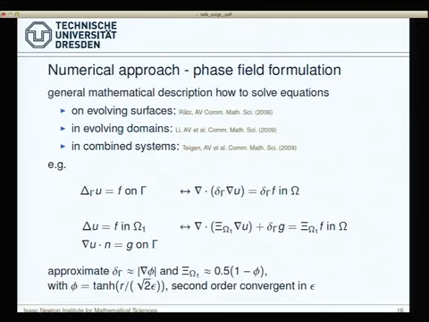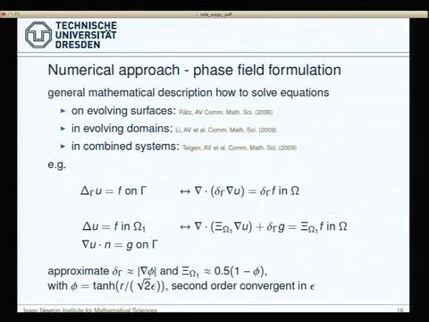Okay. So how to solve this numerically then? We have equations on evolving surfaces in the bulk, equations which describe the evolution and so on. A nice way of doing this is using a phase field formulation and using some more or less general description to handle all that.